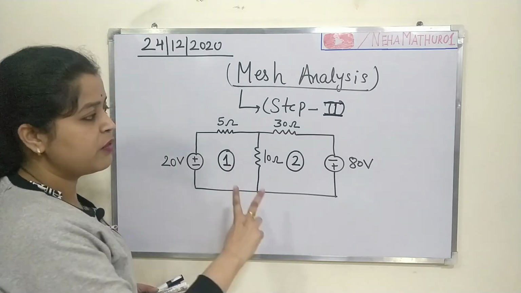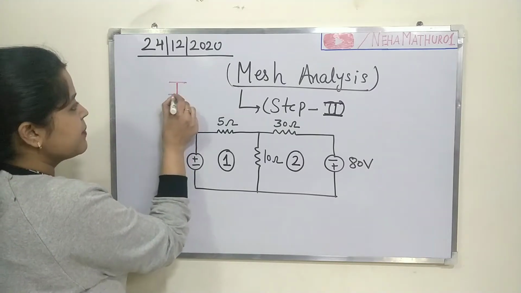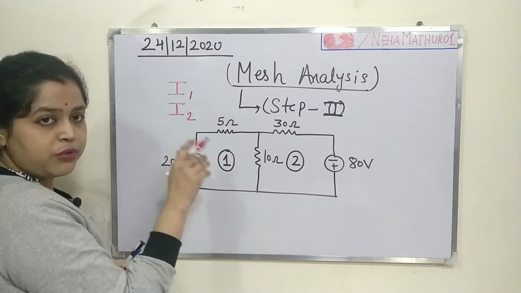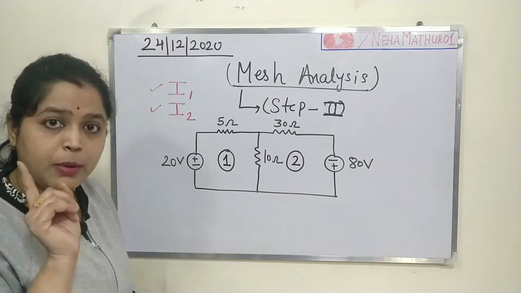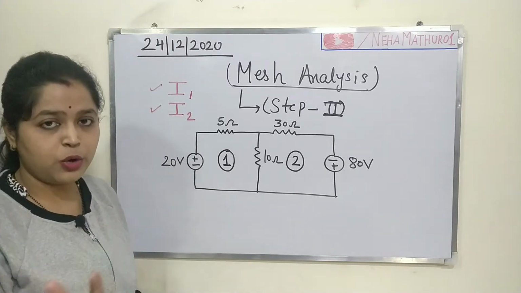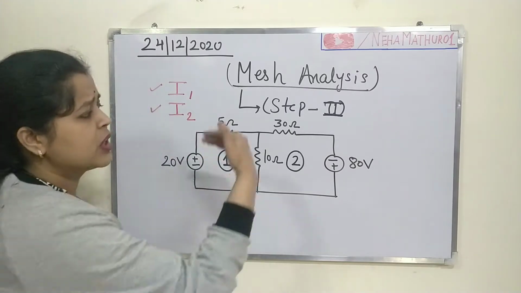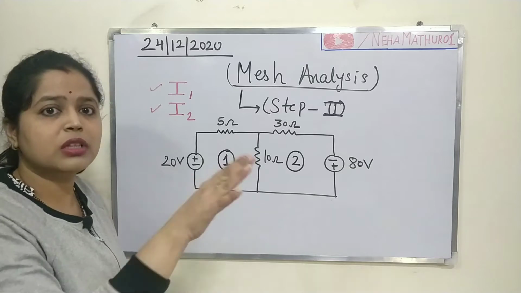Here, since you have two meshes, you should consider two currents, I1 and I2: I1 for the first mesh and I2 for the second mesh. If you have a third mesh also, then you can consider I3 as the current for the third mesh.